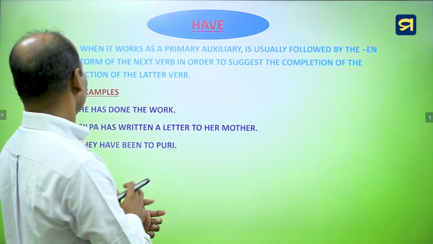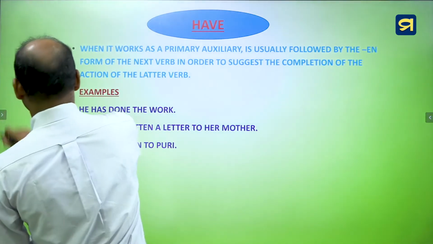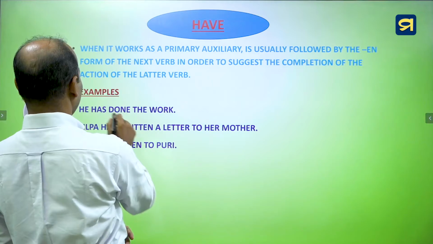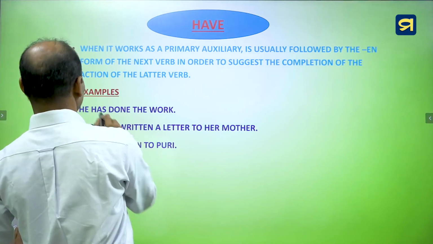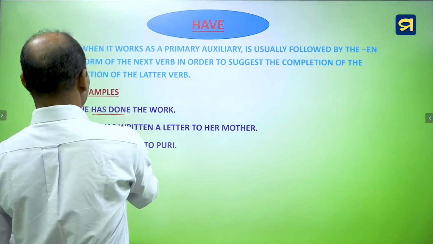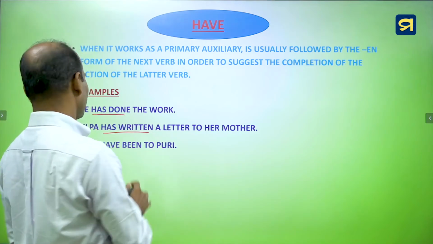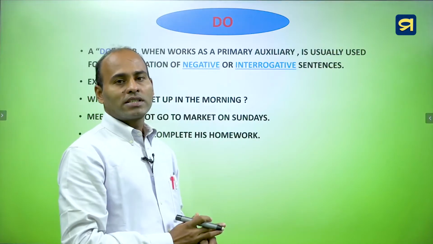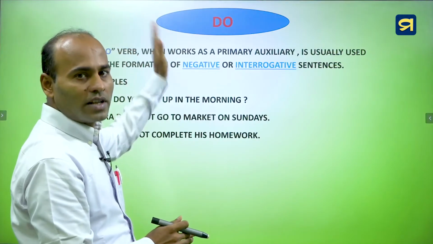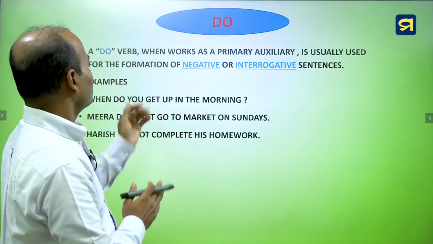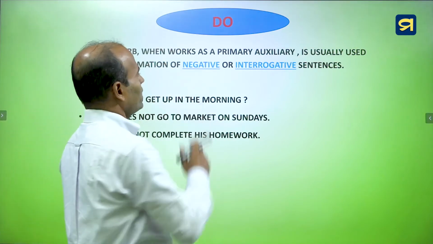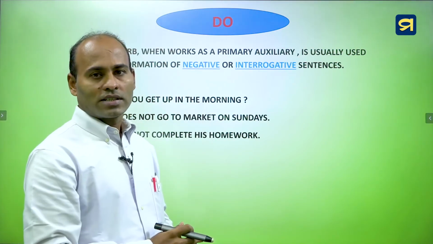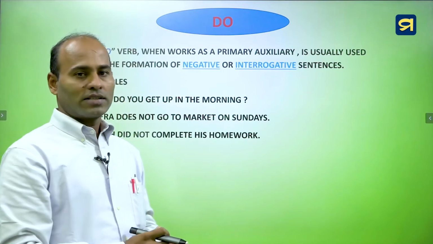So have along with its other forms can be used as auxiliaries. You can see the examples here. He has done the homework. He has written the letter to her mother. They have been to Puri. Okay? And do along with its other forms, did and does, can be used in negative or interrogative sentences as auxiliaries.